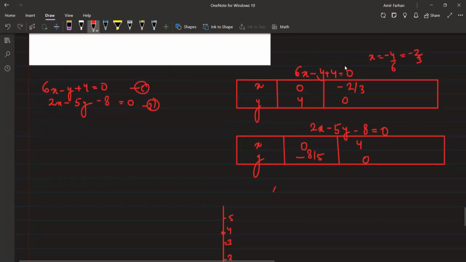Any confusion, any one of you? If you divide minus 2 by 3, you will get negative 0.6667. Yes or no? Yes, sir.